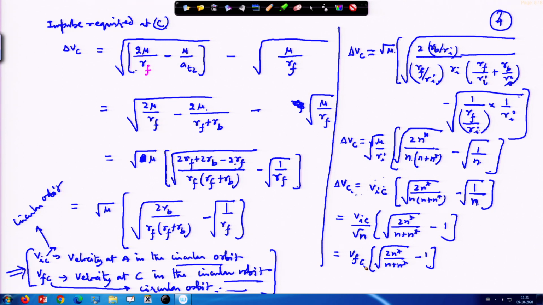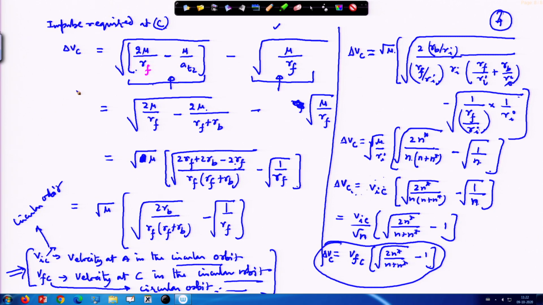Okay. Now, we have got one more thing we have to check here. We have subtracted in this place the velocity in the elliptic orbit from the velocity in the circular orbit, which is the final orbit. We need to check that indeed this quantity turns out to be positive. This is important to check, otherwise you have to take the magnitude of this quantity.